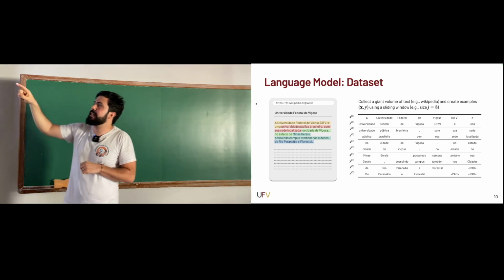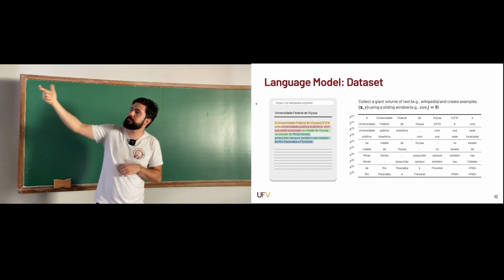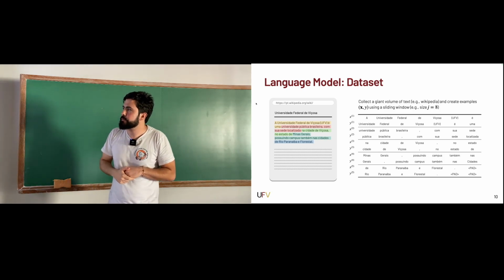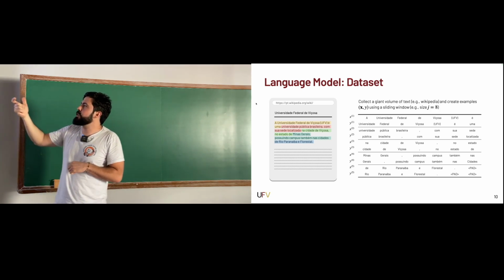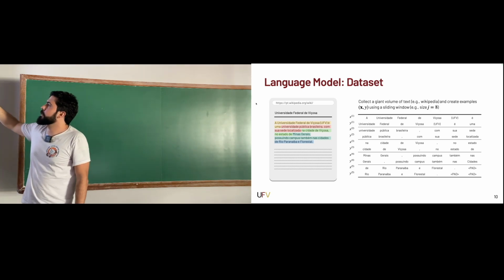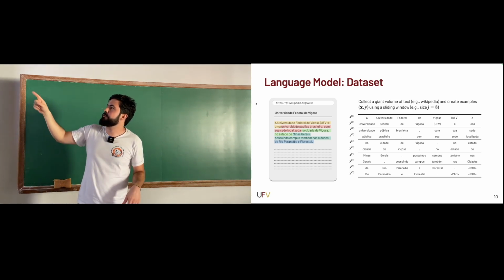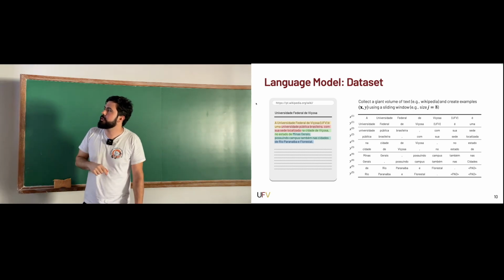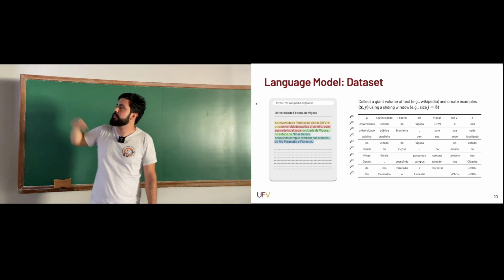And you would slide that window over the document, and you see these windows are highlighted there on the document. And then for each of these windows, you would make the X, or your input, the first 7 words, and then your output would be the next 7.